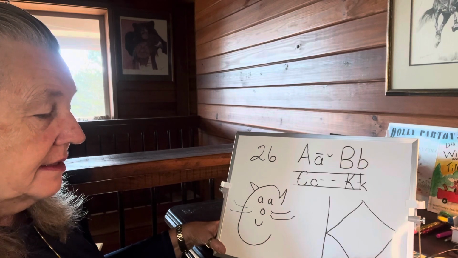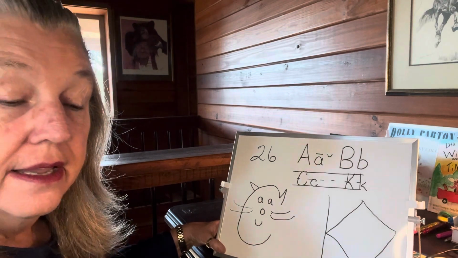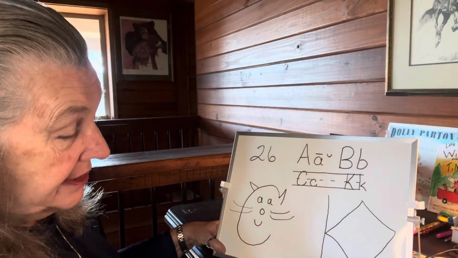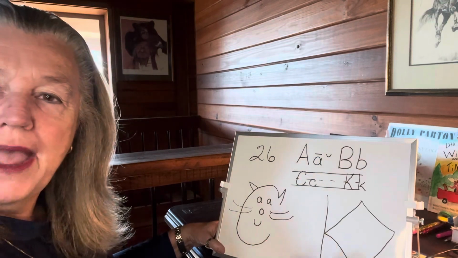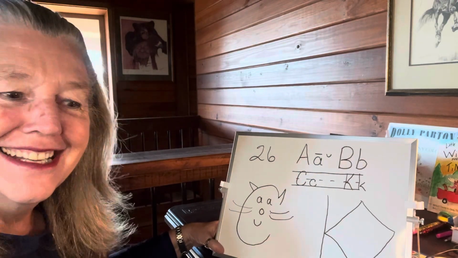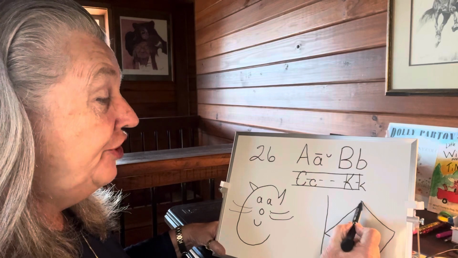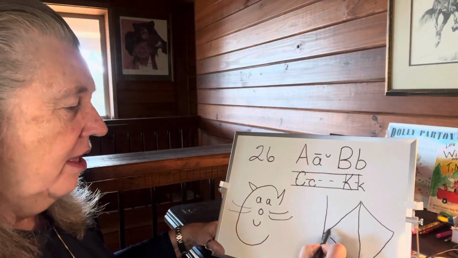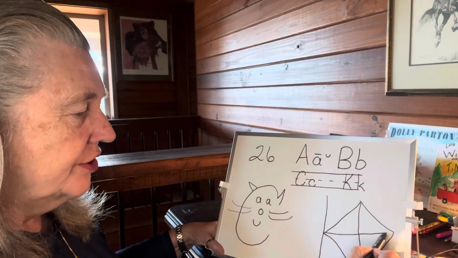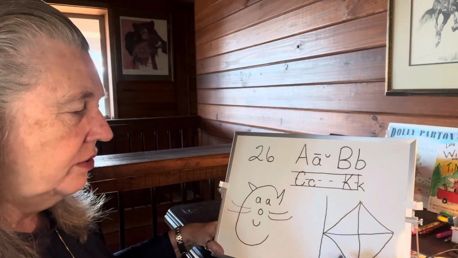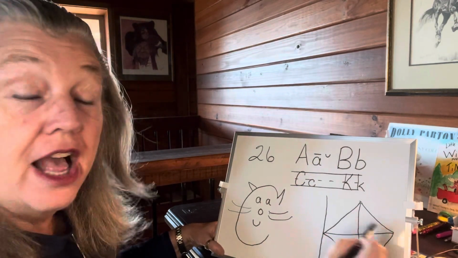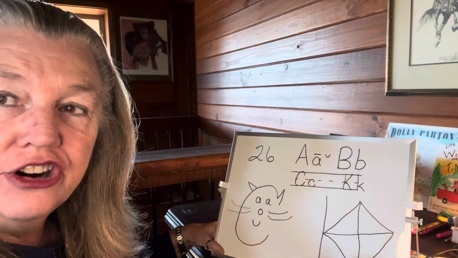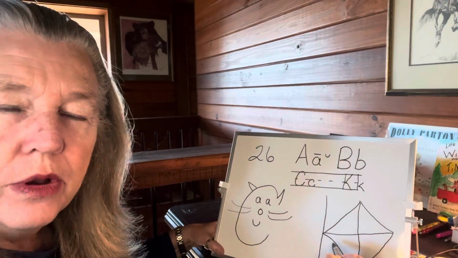Give it some rags over here for its tail. What do we make? A kite. Exactly. So then you're going to come down in the middle and across, so vertical and horizontal. And we're going to color these.